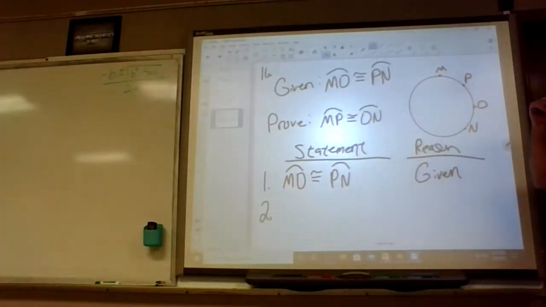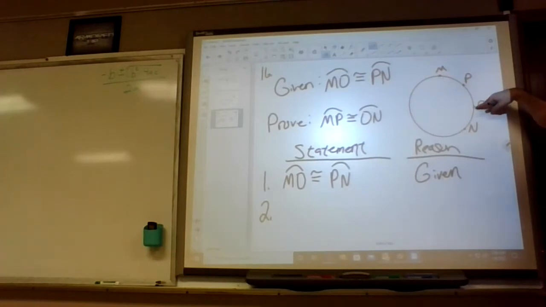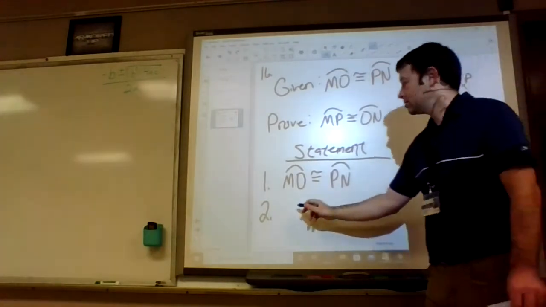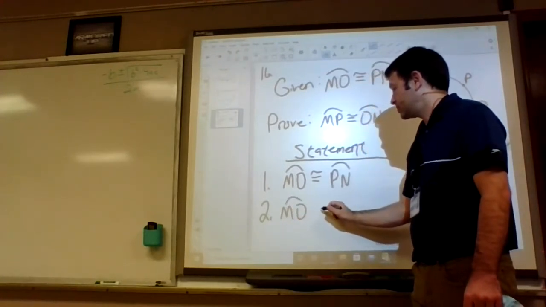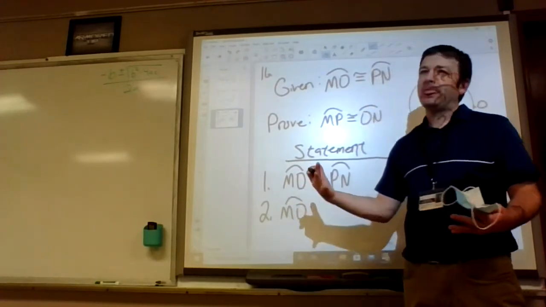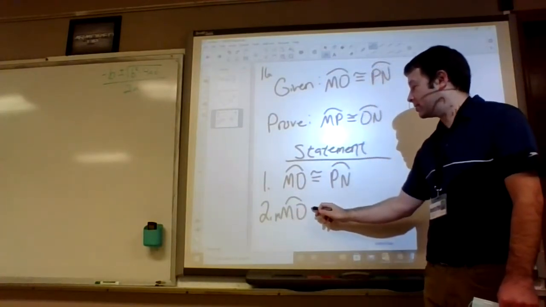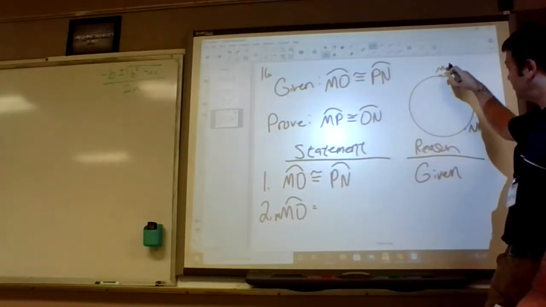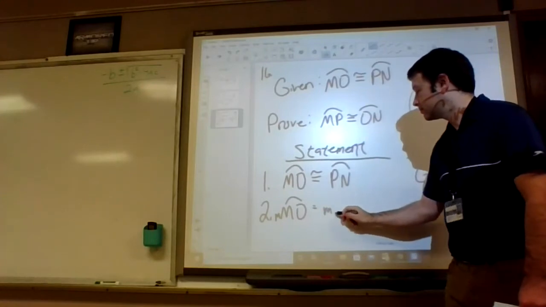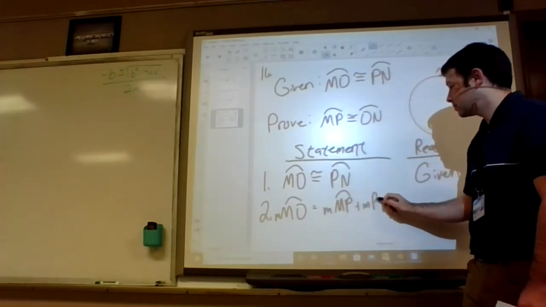So the next thing I'm going to say is that arc MO is the same thing as MP plus PO. The measurement of the arc MO is equal to the measurement of MP plus the measurement of PO.